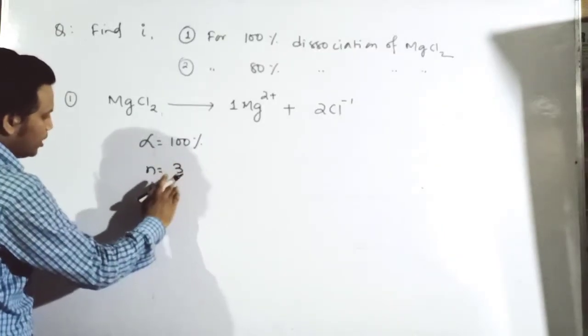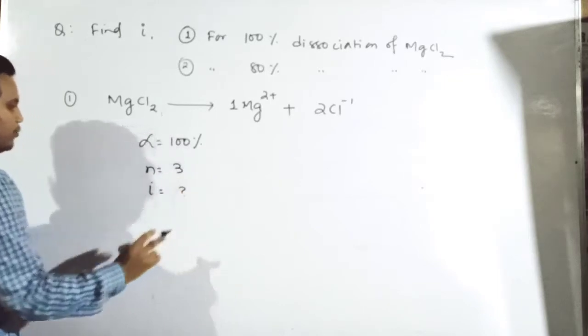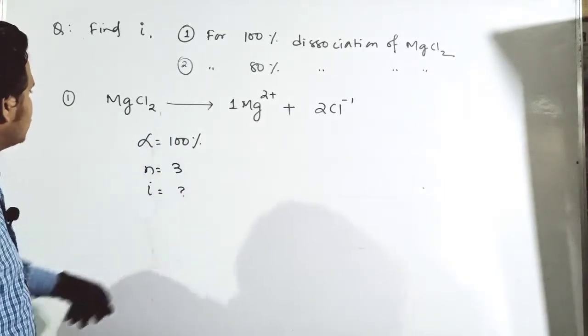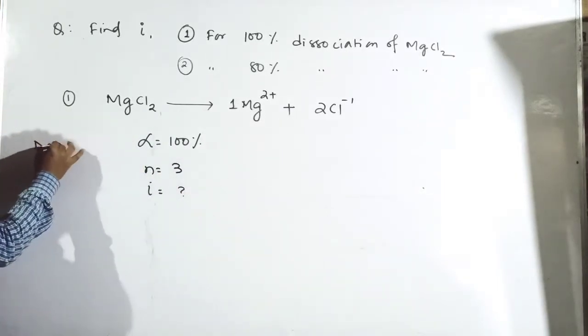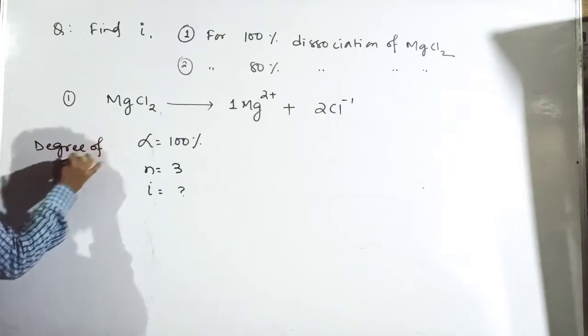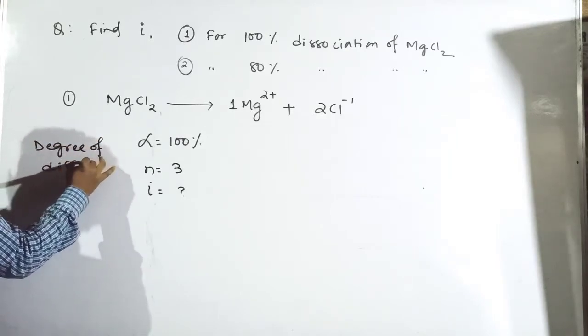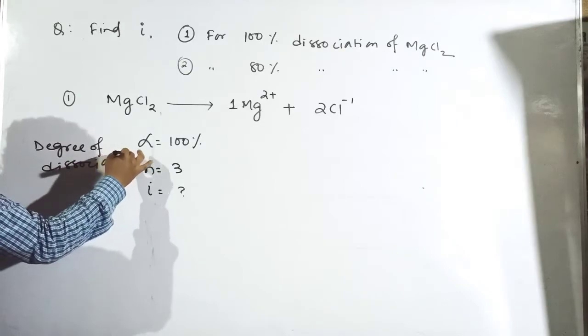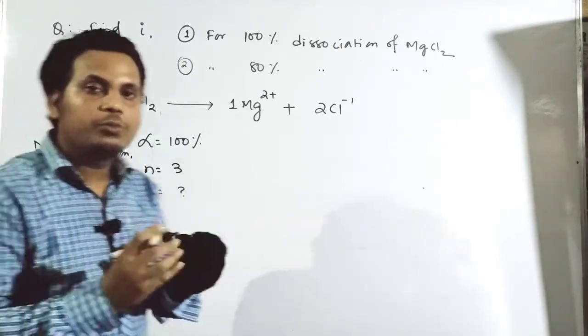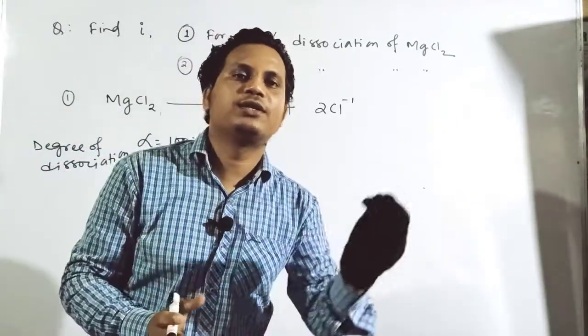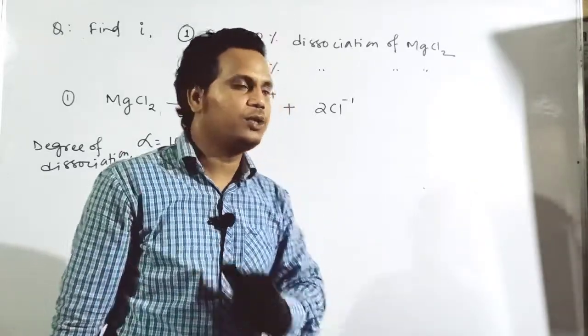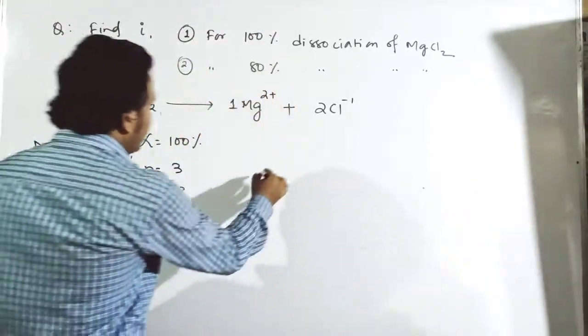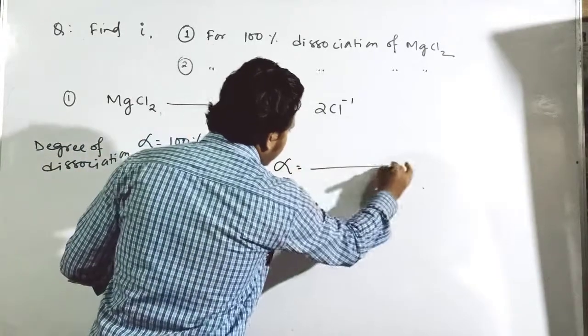Use the formula for degree of dissociation. What is alpha? Alpha is the degree of dissociation. How much dissolve? How much a compound is converted into ions for ionic compound. What is the formula for degree of dissociation?